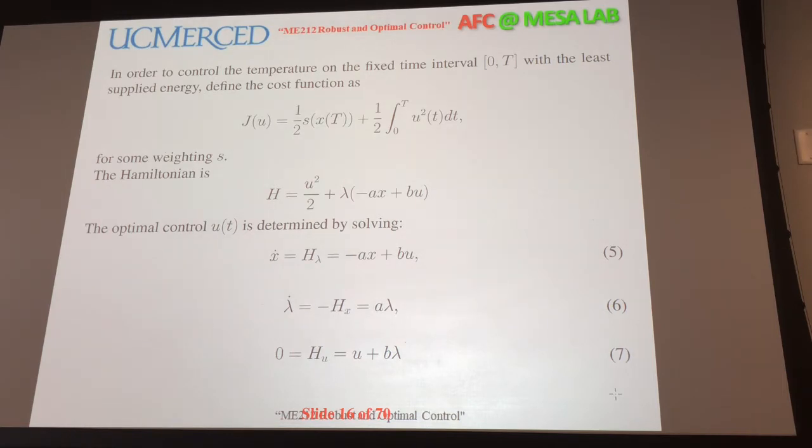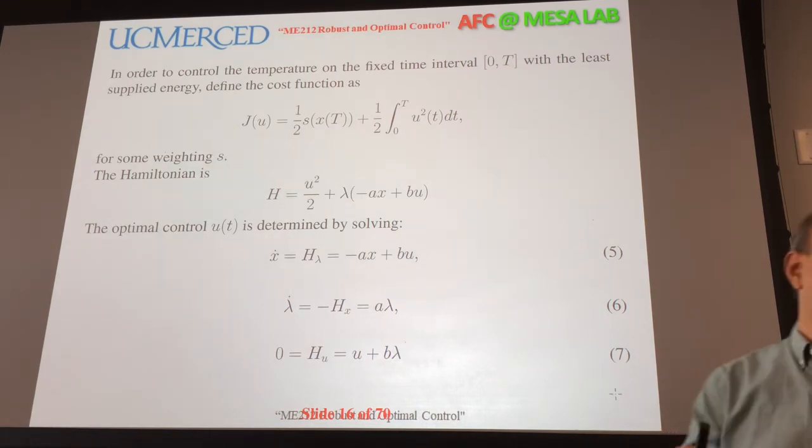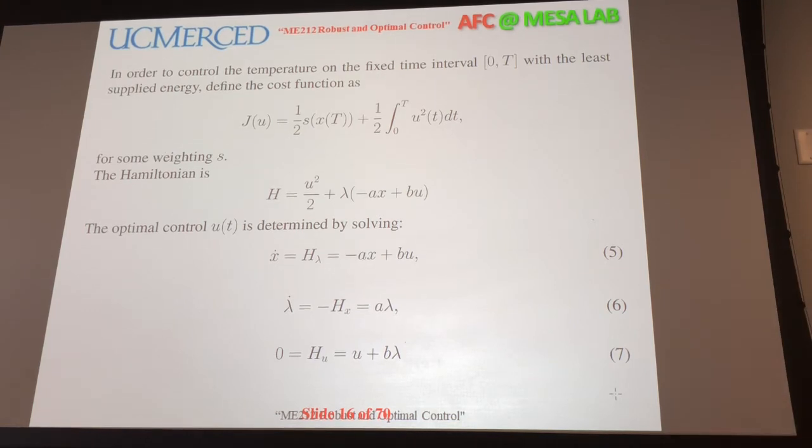So this is an important term. Fixed, okay? It's given. So then we check, this L function is half of the L. Lambda times, what's this? This is x dot minus f of x. That's f of x.